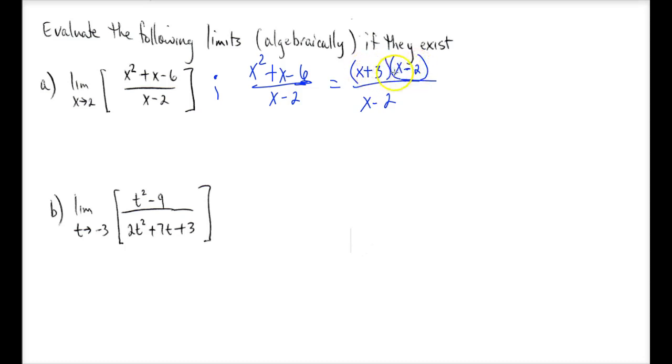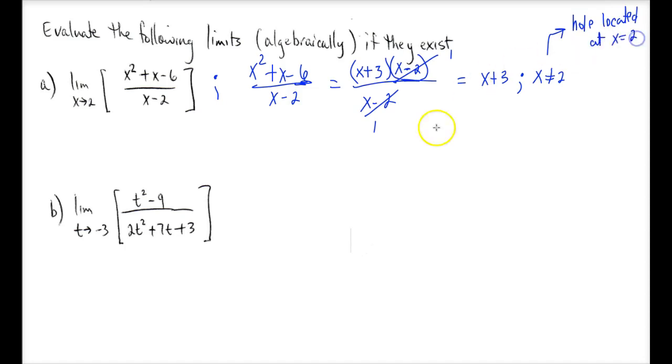If we do the FOIL method on the numerator, we'll see that it checks out to be x squared plus x minus 6. And so here you see that we have x plus 2 as a common factor in the numerator and denominator. That will reduce to 1, but it will reduce to 1 with the understanding that x cannot be equal to 2, which implies there is a hole located at x equals 2.